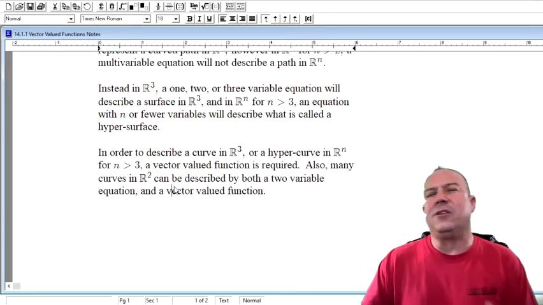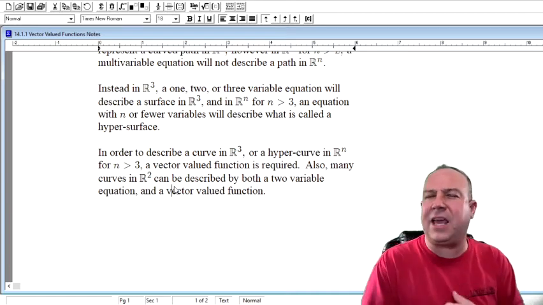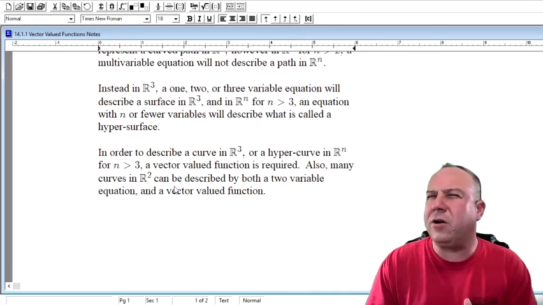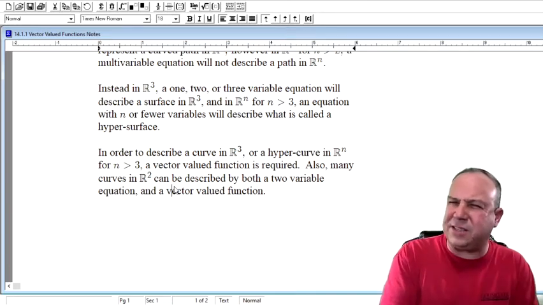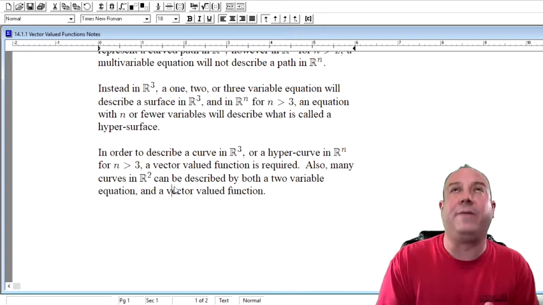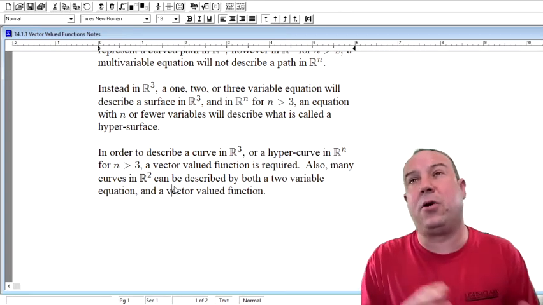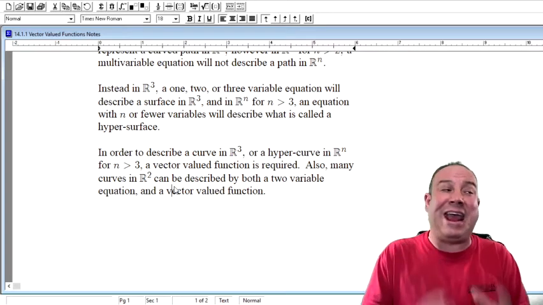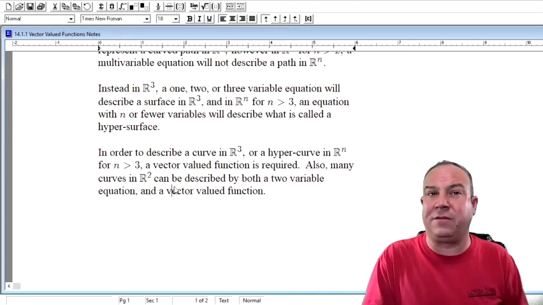Two dimensions is the one unique case of space where curves in that space can be described by both a two-variable equation and a two-dimensional vector valued function.